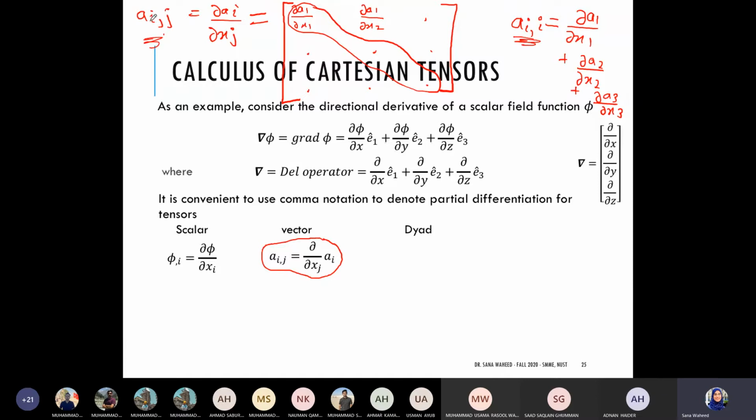Whereas here we are getting AI comma J, which is a second order tensor, जिसके अंदर A के हर कंपोनेंट की डिफरेंशिएशन है with respect to each direction of x. ठीक है जी, thank you. So just be careful with what these things mean, right? So इसी तरह the del operator can also be applied to a dyad.